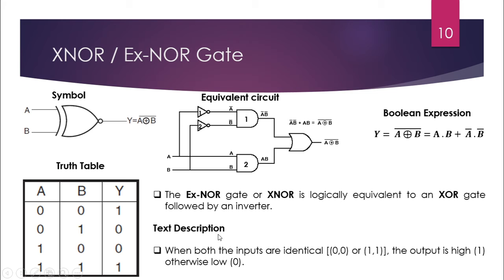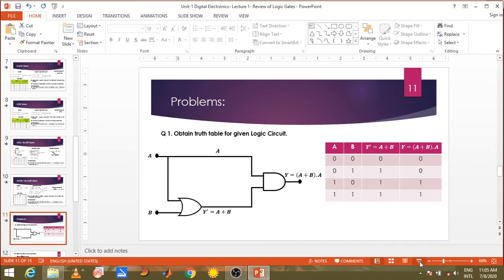The text description for XNOR gate is when both the inputs are identical, that is 0 0 or 1 1, then output is high, otherwise low.